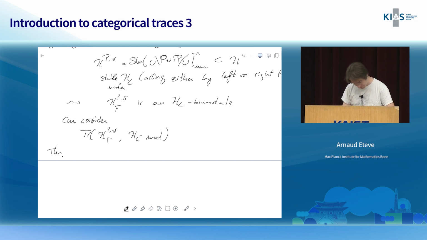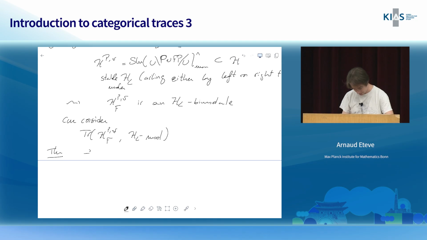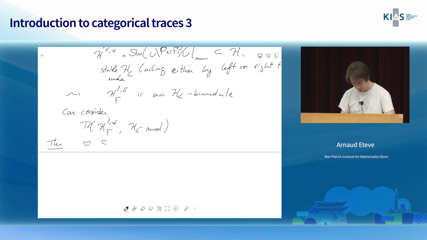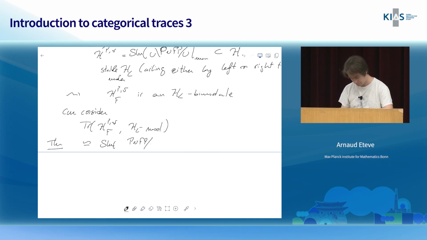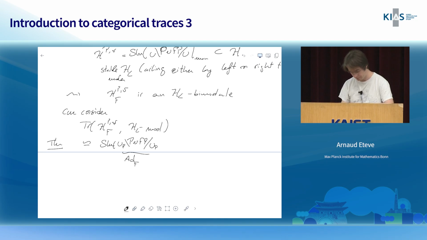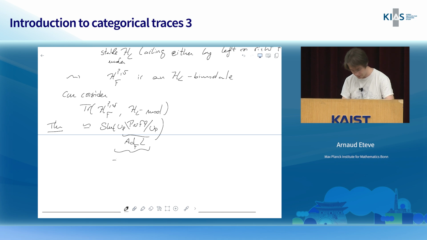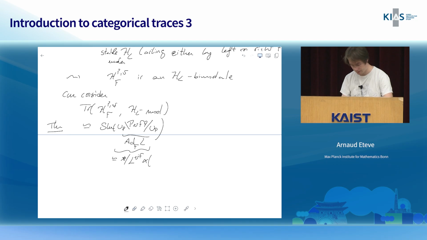Okay, and the theorem, a generalization of the previous theorem that computes the categorical trace, is that this is equivalent to sheaves on P V F(P) divided by U_P at Frobenius of L, and this thing here is a variant of the previous quotient, and it's isomorphic to a point mod L fixed by VF, semi-direct.